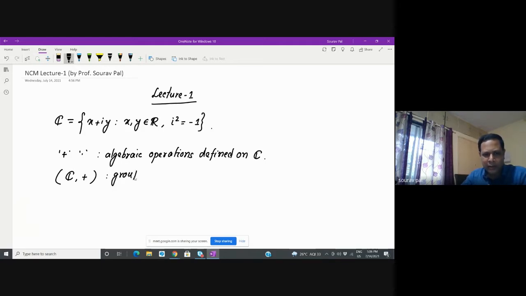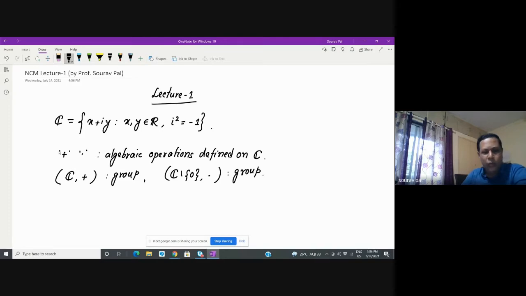And also we know that C, if you remove the 0, along with dot is also a group. We all have learned it in our undergrad, so needless to mention all of them.